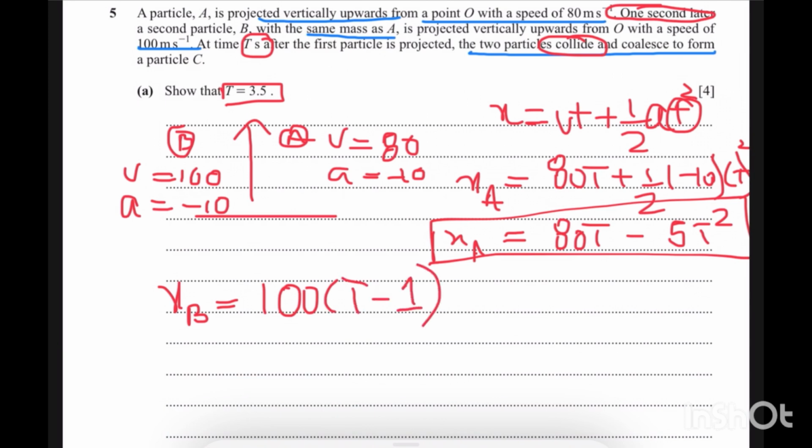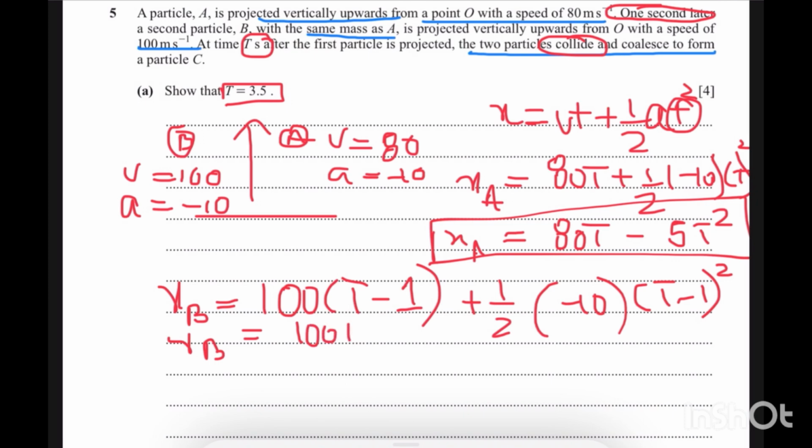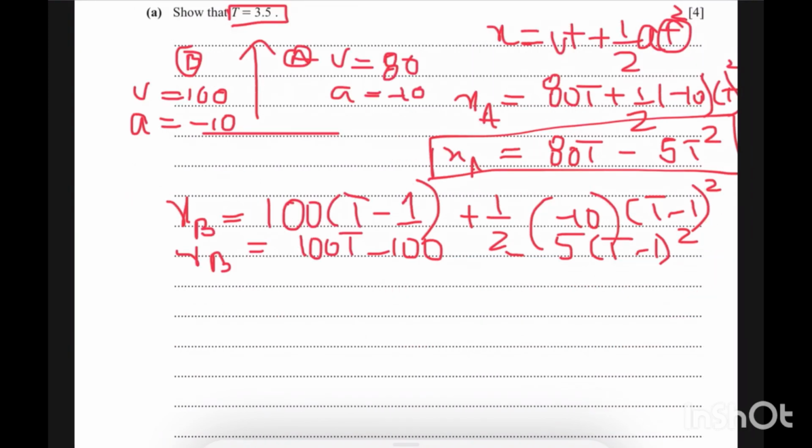So this will be 100 times t minus 1 plus half, and the acceleration was again -10, times t minus 1 squared. If I simplify it any further, I would write it as 100t minus 100 minus 5 times t minus 1 squared. Now we will equate these two equations.